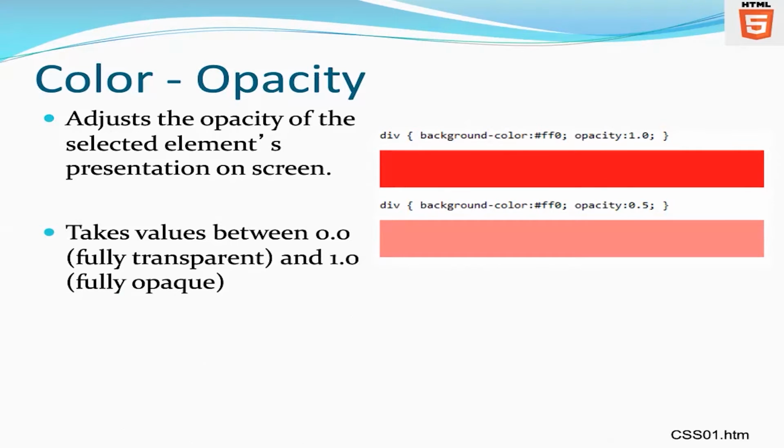All right. Now, on the screen, notice I have two divs. Both of them have the same value for the background color. For the first div, the opacity has been set to 1. And for the second, the opacity has been set to 0.5.